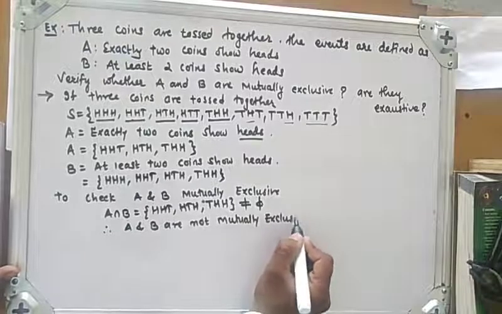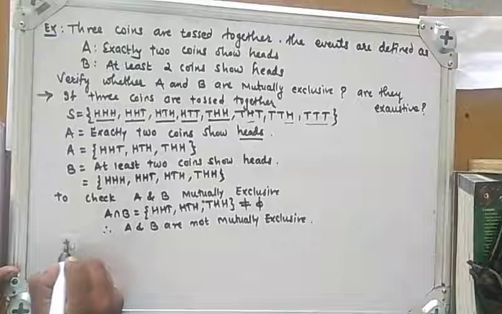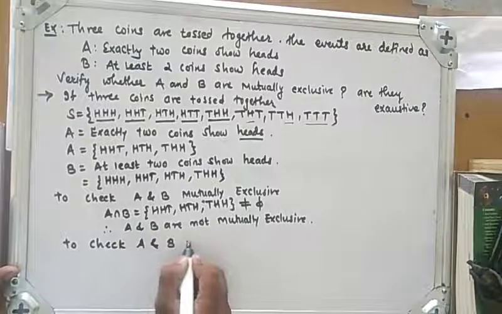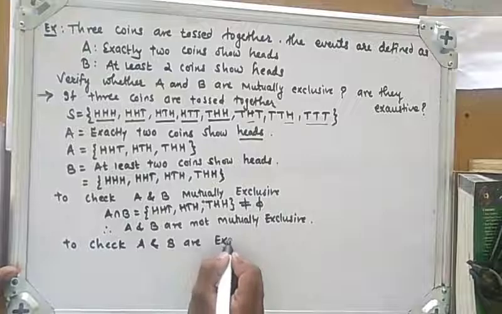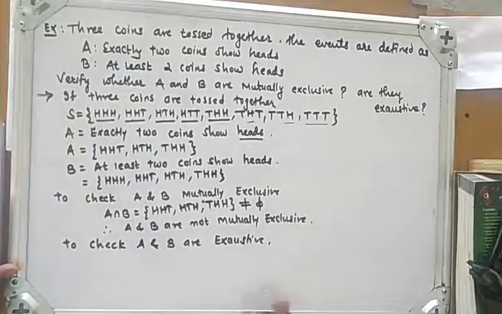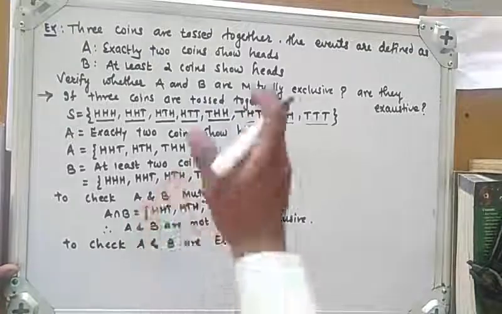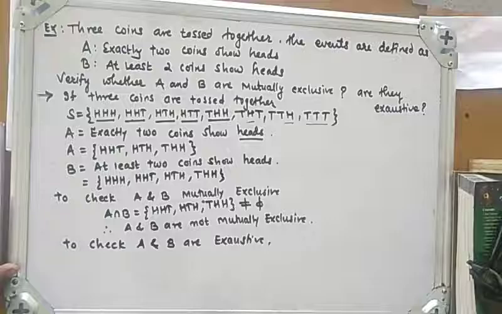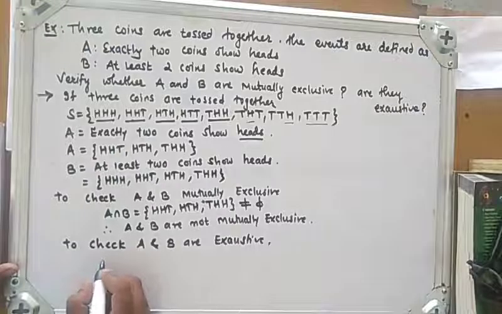Now to check whether A and B are exhaustive. Exhaustive means what? If their union will be the whole set or whole sample space, then we say that it is exhaustive. So let's see the union.